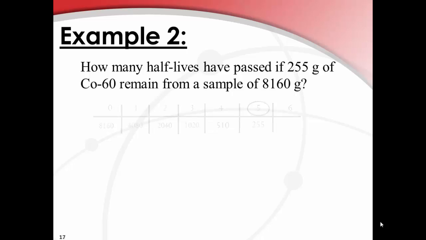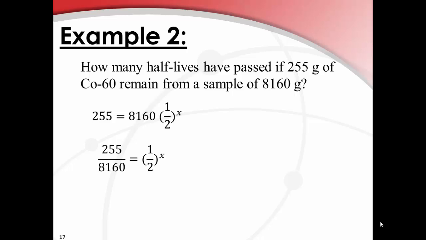Now, using the mathematical equation, we can set up our math problem by saying 255 grams is my final mass. 8,160 is my initial mass, times 1/2 to the x, where x represents the number of half-lives that have passed. So first divide by 8,160, and then we're going to take the log of each side to get the x out of the exponent.